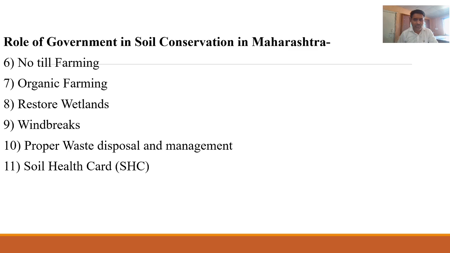Everywhere there is overuse of water, overuse of pesticides, weedicides, insecticides, herbicides, and fungicides, by which there is pollution throughout the soil, which is harmful for the soil as well as for the health of human beings. And there is a side effect of that overuse on human health. That's why the trend of organic farming started.